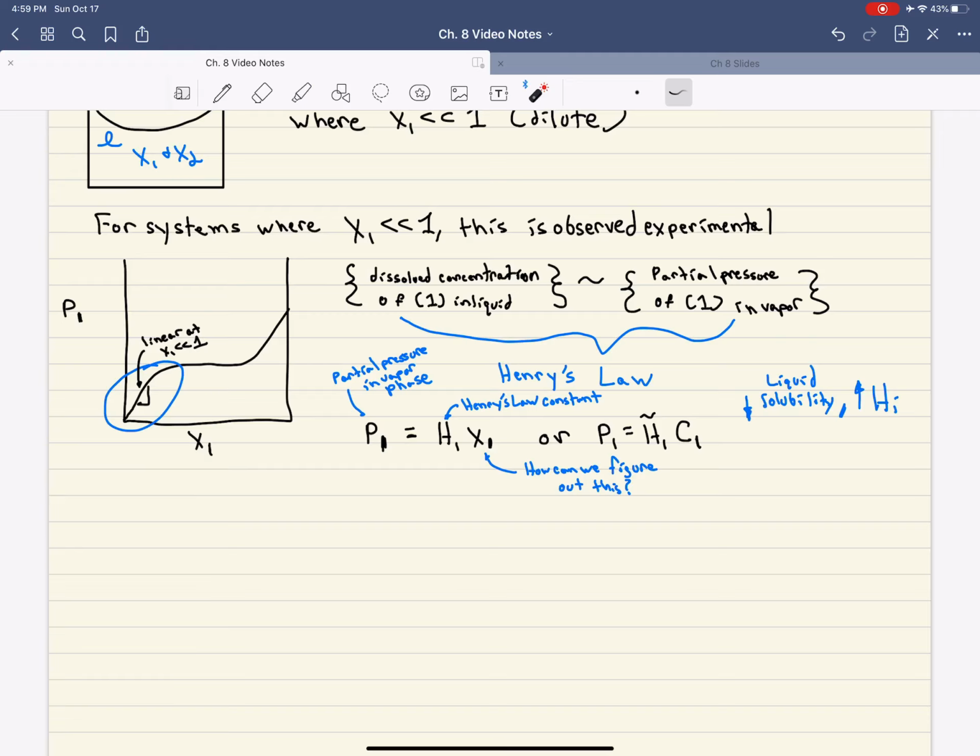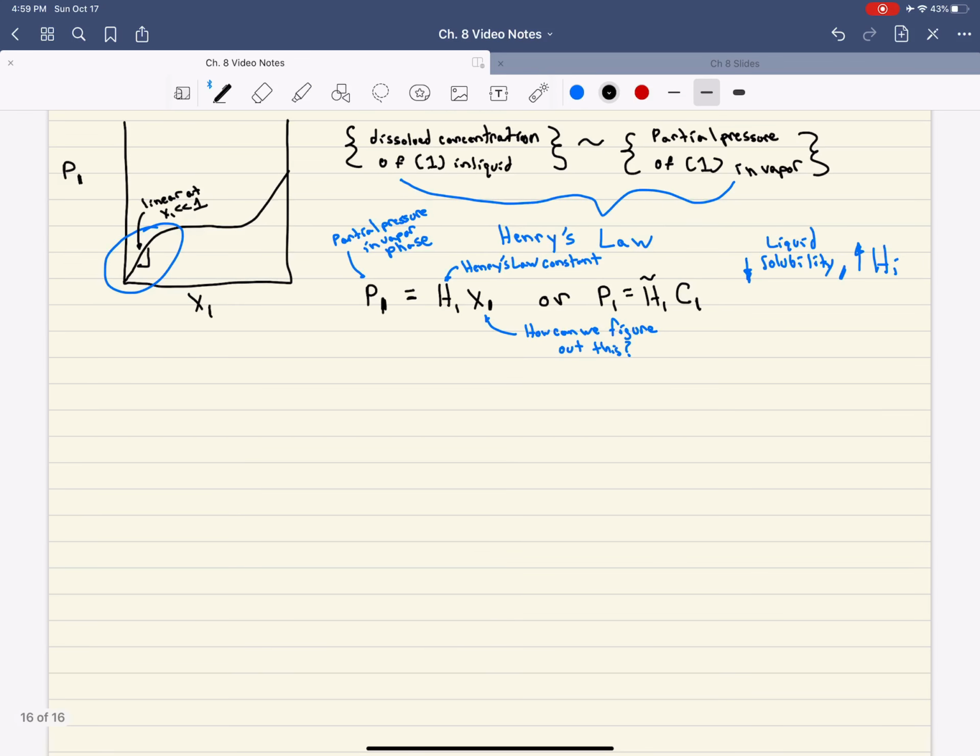Okay, so how can we figure out what x1 is? To figure it out, what we could do is apply our equilibrium criteria and figure out x1 by equilibrium criteria.